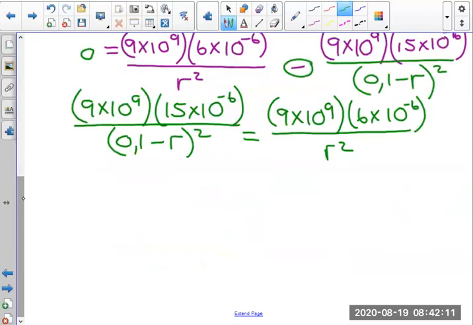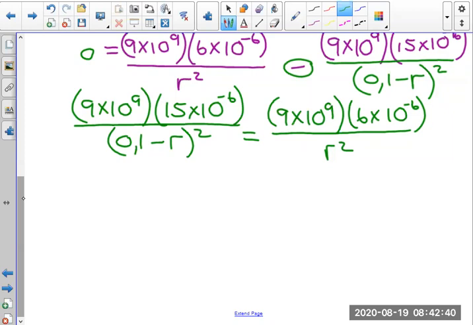Now, how I will solve it mathematically, I will first go and work out the whole numbers. I just want to get my calculator so that I can do that separately. I have the answer, but I want to show you the easier way to do this. So I'm going to say 9 exponent 9 times 15 exponent minus 6.